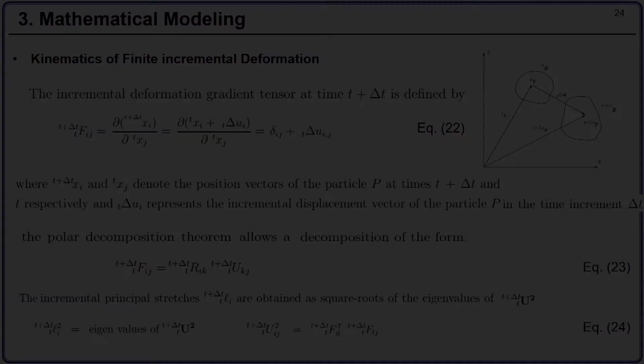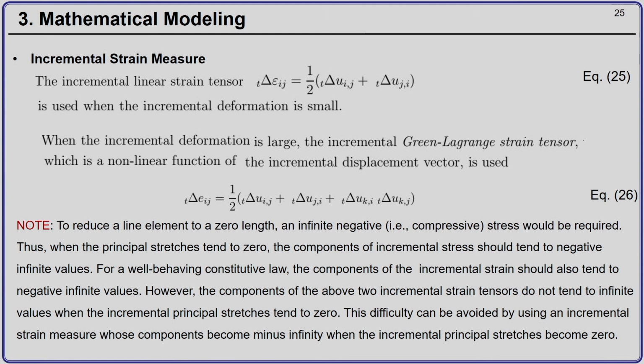Once we have defined our incremental deformation gradient tensor, we come to what is called the incremental strain measure. For small deformation, the incremental linear strain tensor is given by the following formula: delta epsilon is equal to 1 by 2 times the gradient of delta u plus the gradient of delta u transpose.